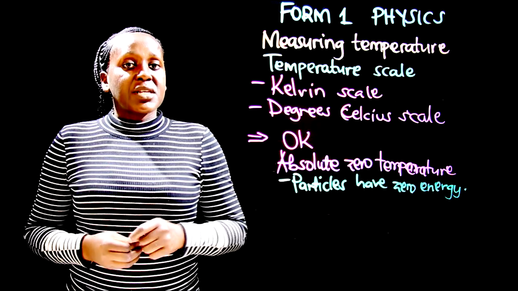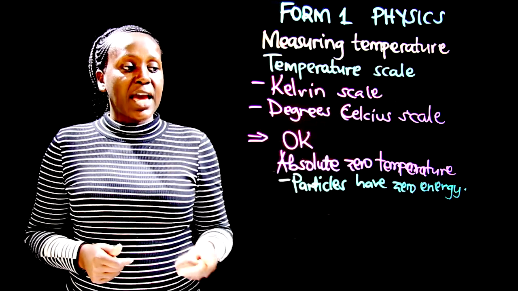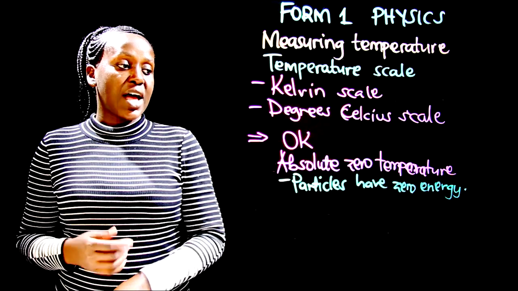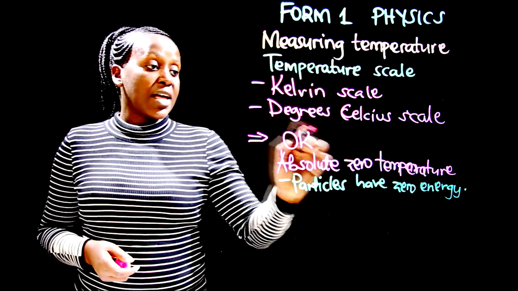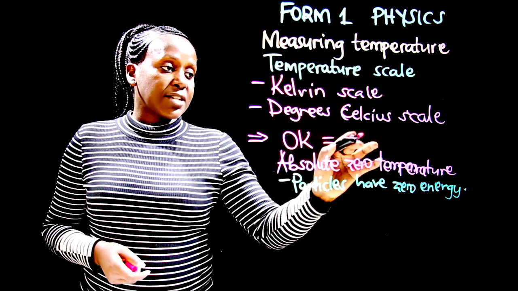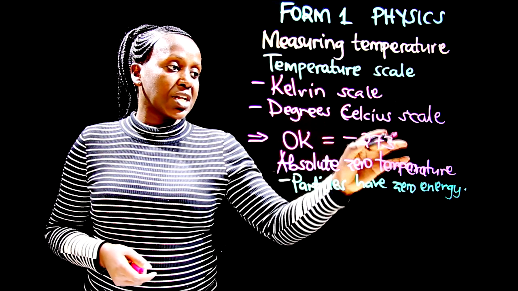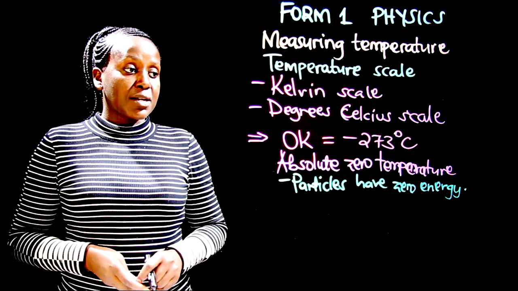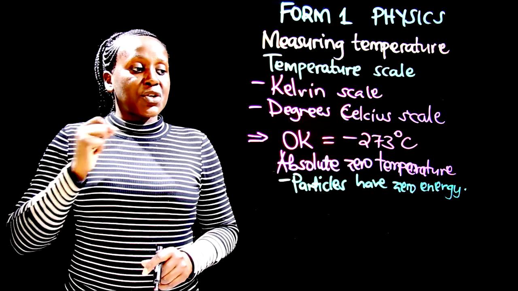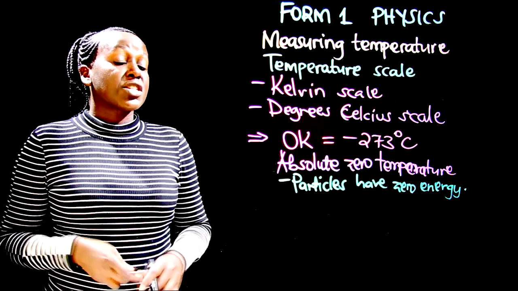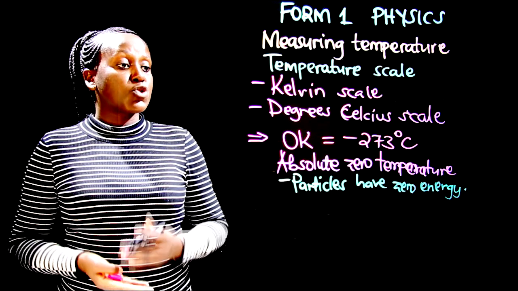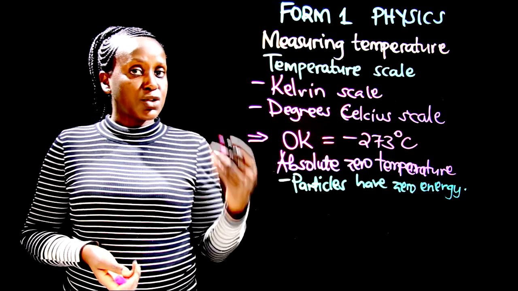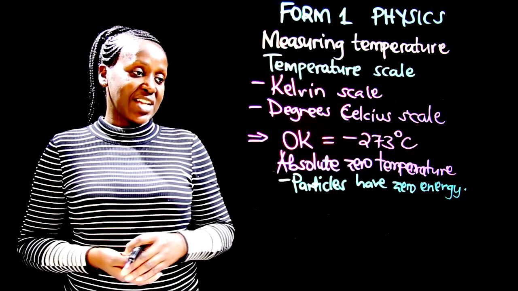Now, if you use the degree Celsius scale, then the absolute zero temperature is actually equal to negative 273 degrees Celsius. So negative 273 degrees Celsius is equivalent to 0 Kelvin. So it is possible to convert between Kelvin and degrees Celsius.